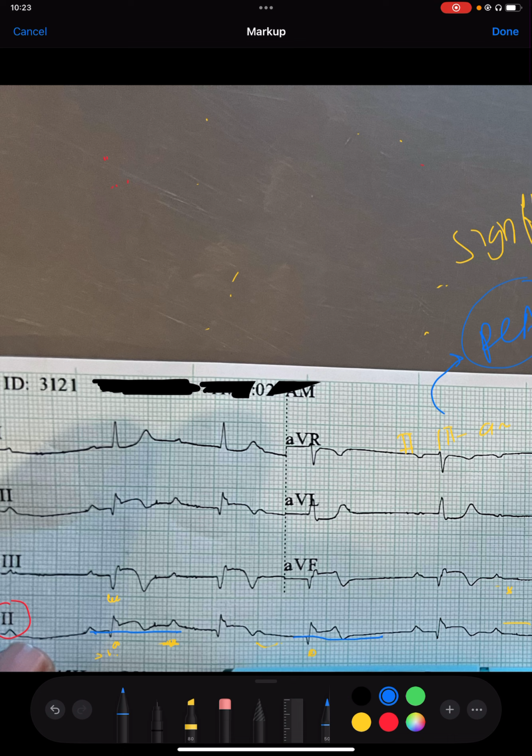There is ST elevation in leads 2, 3, aVF, meaning there is an inferior wall MI, which has been recent, and the inferior wall is supplied by the right coronary artery, and this right coronary artery actually supplies the pacemaker as well as the AV node also. So in inferior wall MI, it is very common to have almost all types of block.